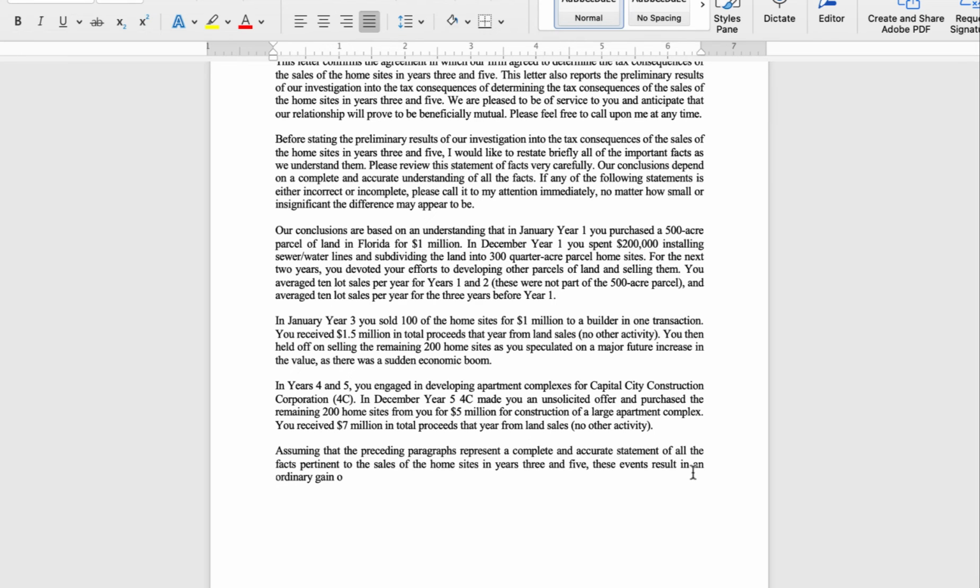An ordinary gain in year 3 of, and the amount, as we saw from our memo, was $600,000, and an ordinary gain in year 5 of $4.2 million. And again, we'll go back and we'll review.